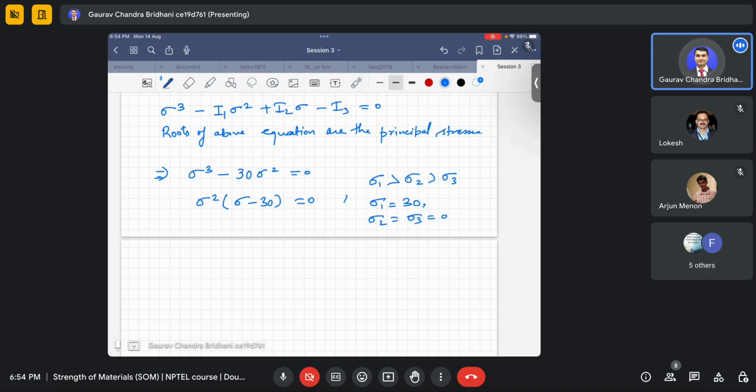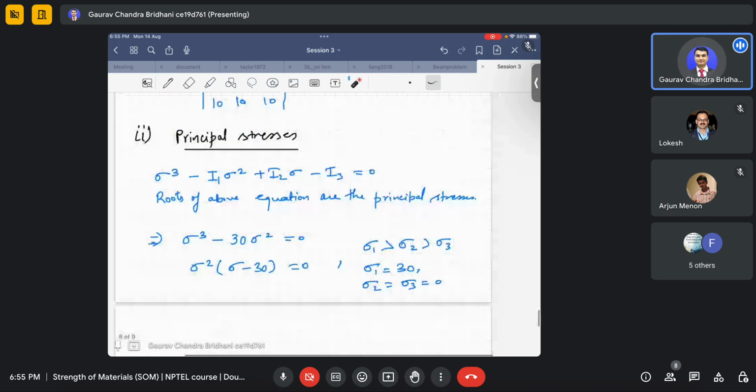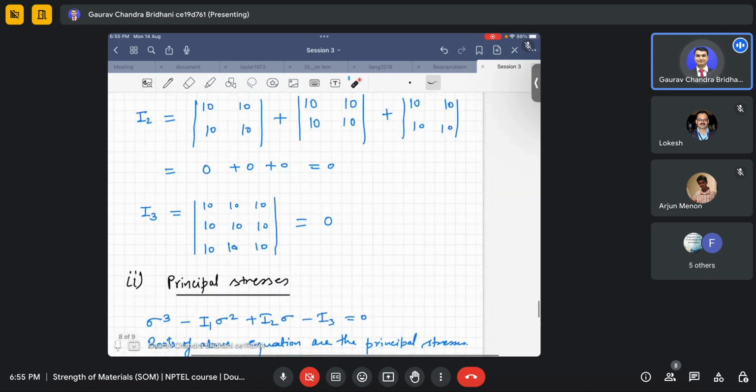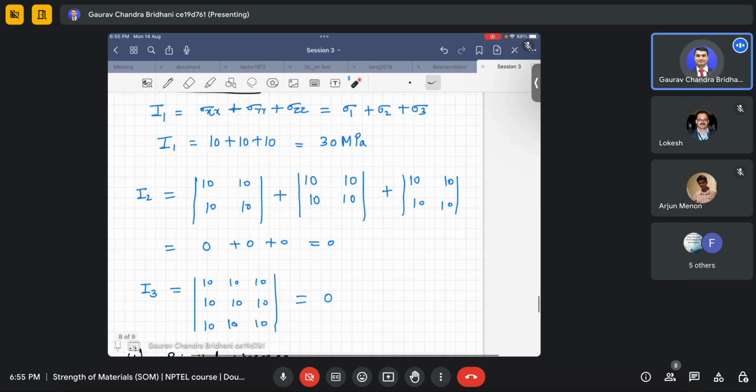Now you can see that it has only one principal stress which is non-zero, and the rest of the two principal stresses are 0. If you have gone through the lecture properly, you would have understood by now that I2 and I3 were 0, only I1 was non-zero.